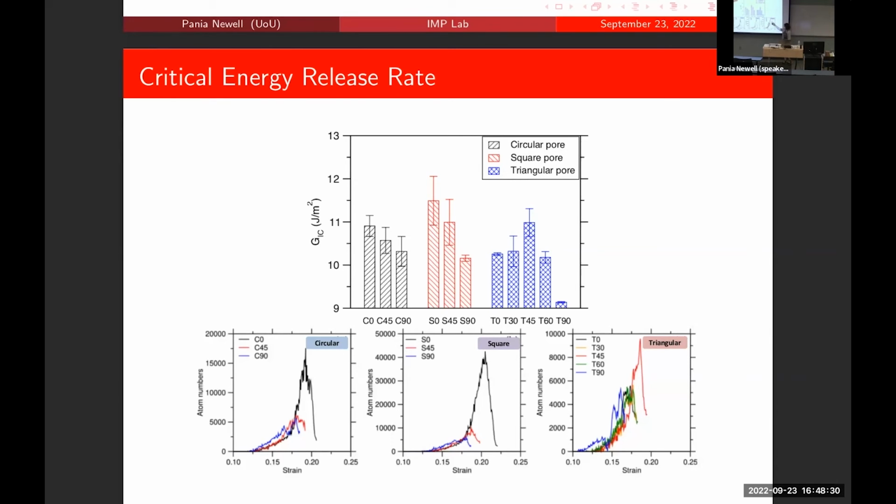But if you look at the bonds that are breaking within those regions, that would explain why the 45-degree angle has the highest GIC value for the triangle. Basically, more bonds are breaking in the domain between the crack and the pore.